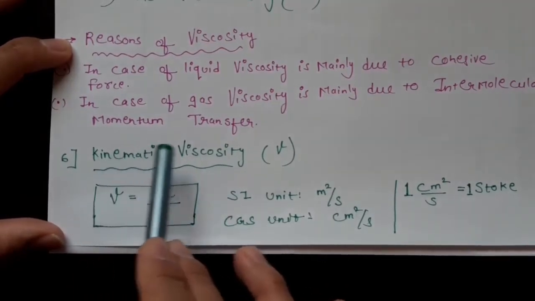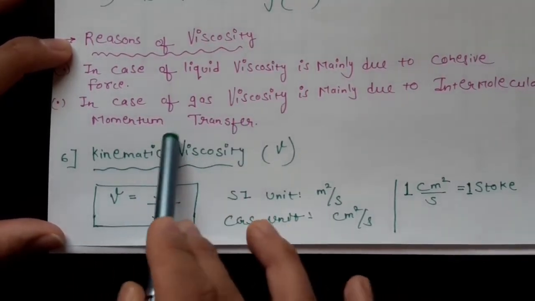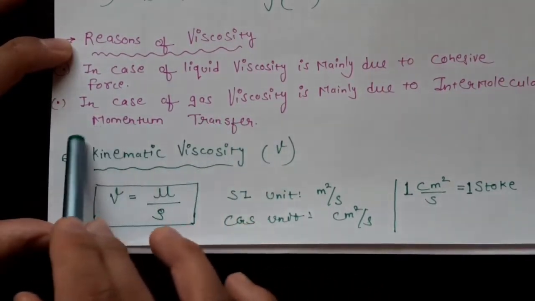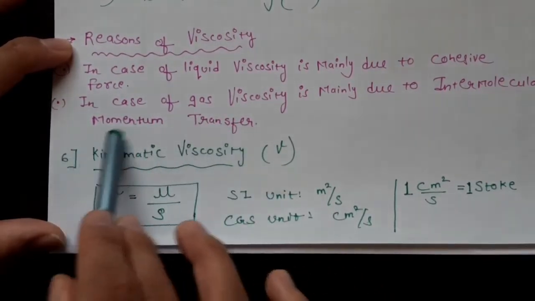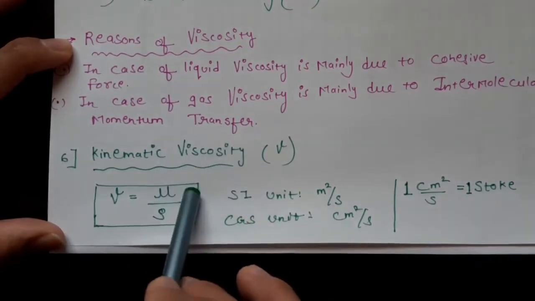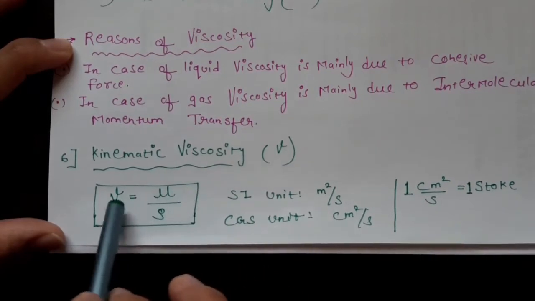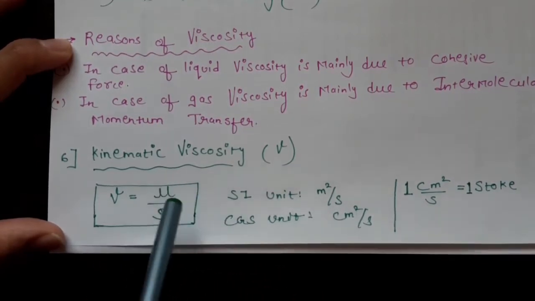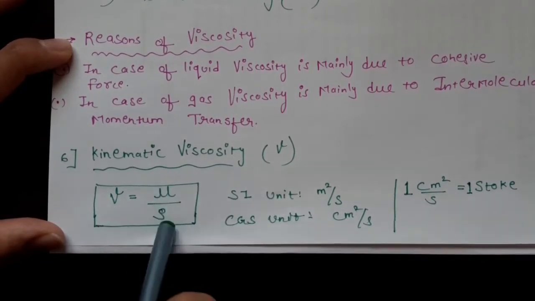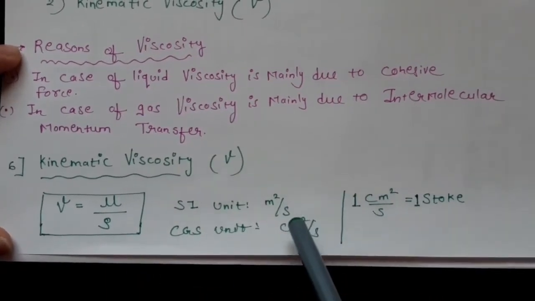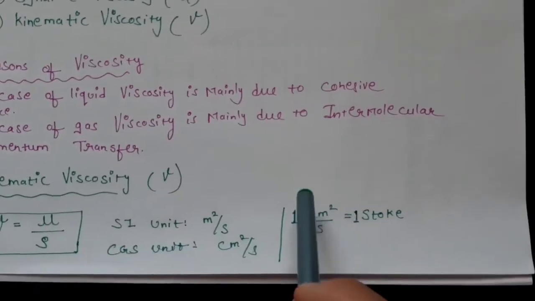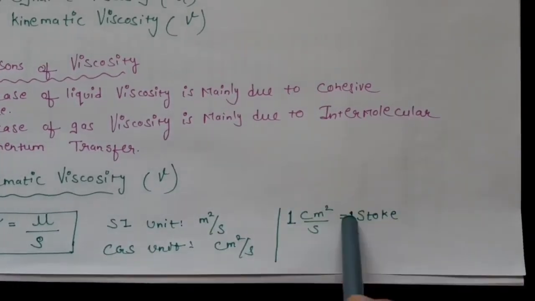The name is kinematic viscosity, as viscosity is in the name, so in the numerator we will have the dynamic viscosity and in the denominator we will have the mass density. So nu equals mu by rho. SI unit is meter square per second and CGS unit is centimeter square per second, or 1 centimeter square per second equals 1 stoke.